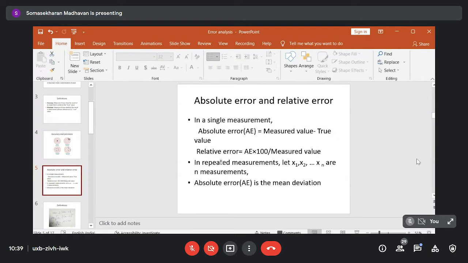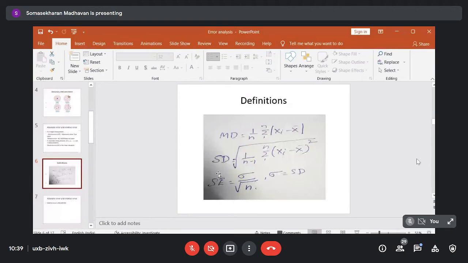With respect to repeated measures, suppose there are n measurements, the absolute error is nothing but the mean deviation, or the average used in the error analysis. The first one is mean deviation, which is nothing but the mean of absolute deviations. So you take each measurement and first you find an expected true value.